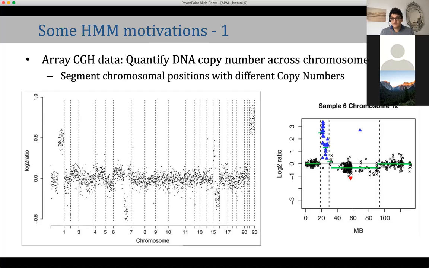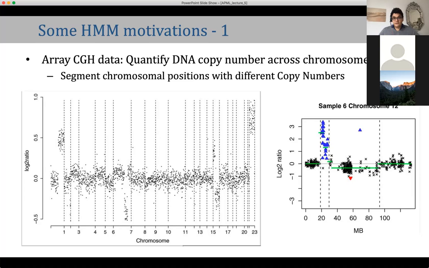The idea behind that is that very often, when you have a tumor, when you have progression of a tumor, there are a lot of genomic rearrangements, and part of what makes the tumor active and able to grow is that it changes its copy number. It allows it to deregulate its process.